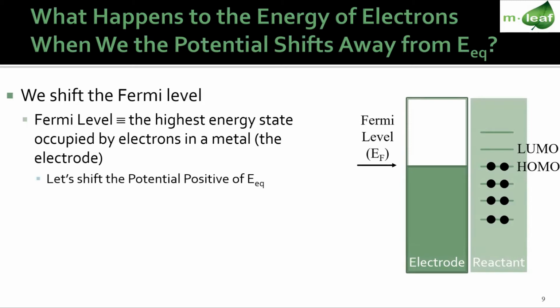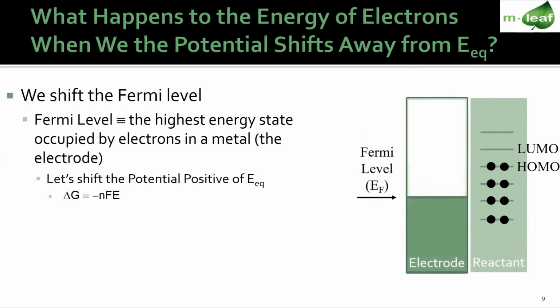And remember, delta G is minus nFE. So when we increase the electrode potential, it has a negative effect on the free energy. So we actually shift the Fermi level down. So we've actually forced the density of states in the metal to shift to lower energies. And so what's going to happen here, right? We have electrons at a higher energy state in the reactant than in the metal. So what's going to happen?